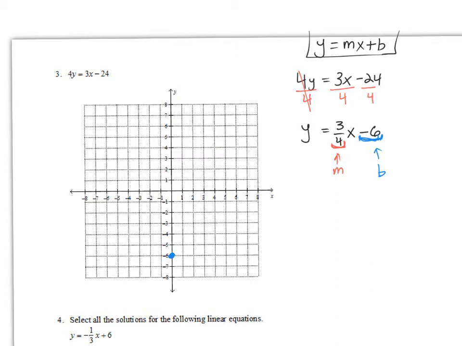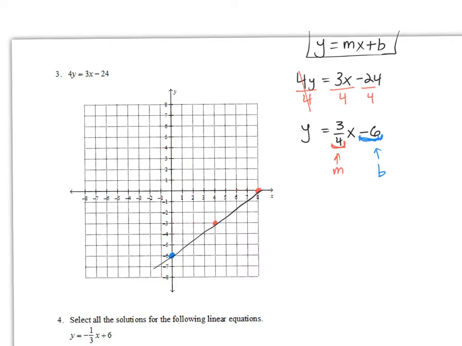So up 3, I'm going to count 1, 2, 3, over 1, 2, 3, 4. Up 3, over 4 again. And I plot big dots to help me know where it's at, and then I connect them. And hopefully you'll do that with a straight edge or a ruler.